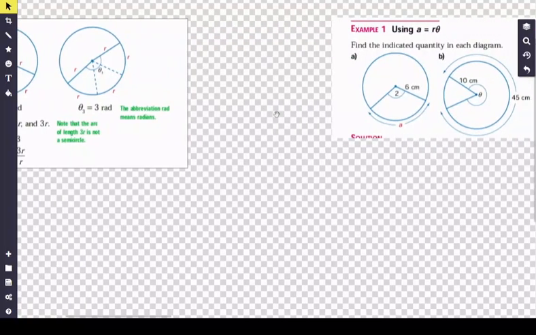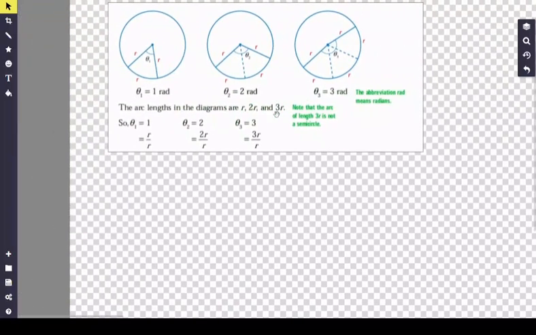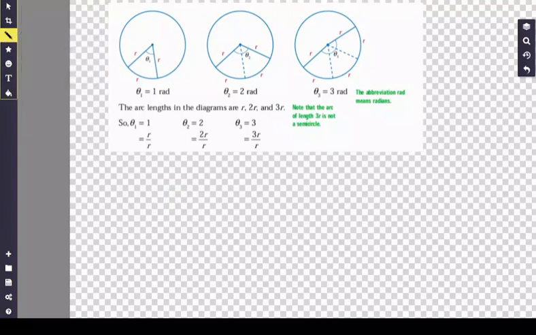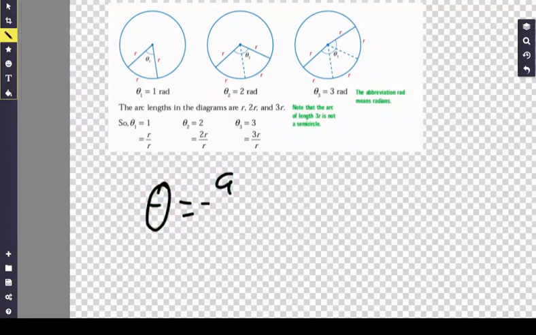So let's go ahead and introduce our first formula: theta is equal to arc length over radius. We can derive that from here.